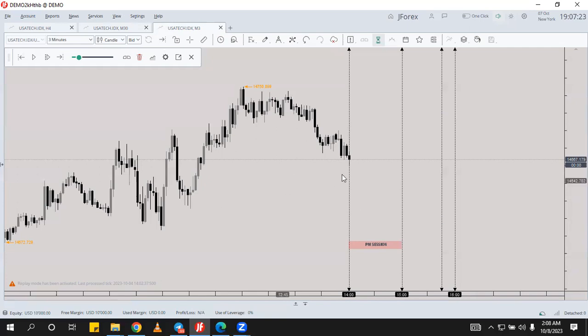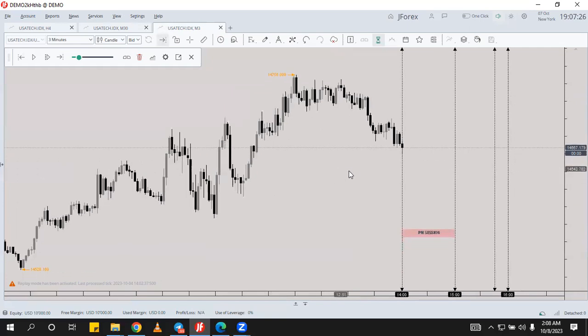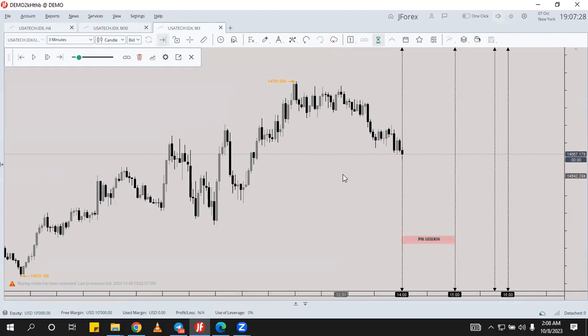Okay, now let us look at this as a short-term perspective. So what do we see here? We had some bit of order pairing here. I can see some order pairing there. What happened there is the smart money pairing their buy orders with the sell stops that were resting below that low.